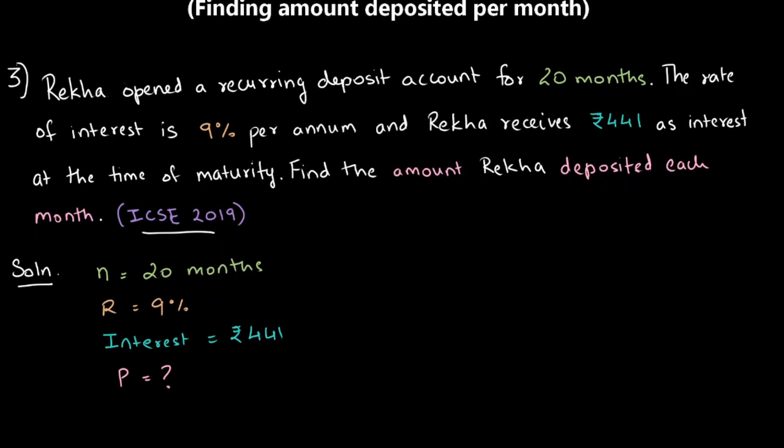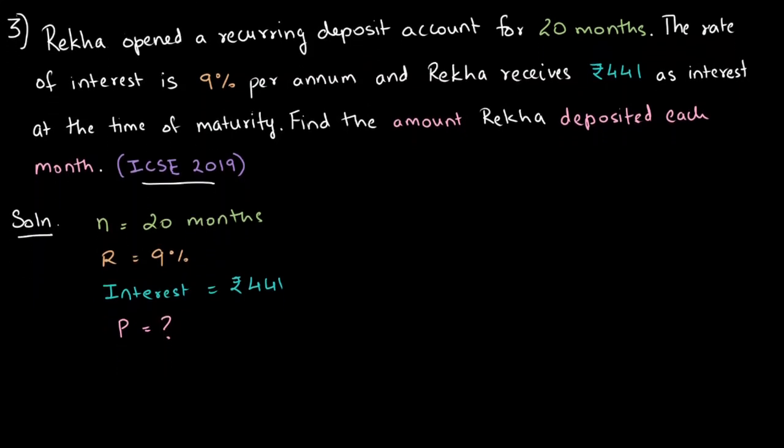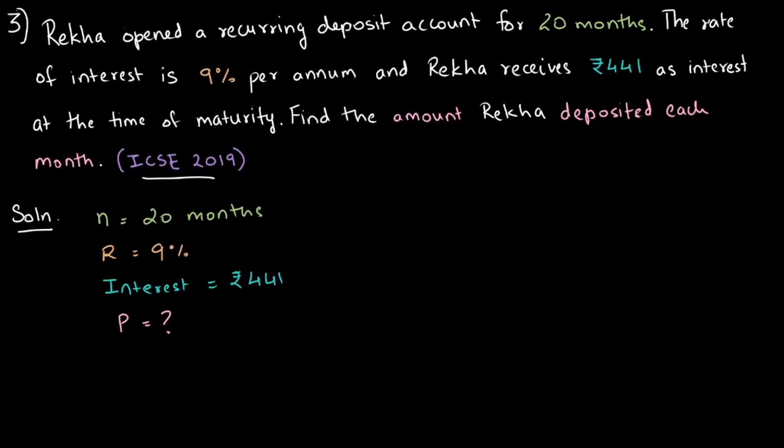Right. Now, as I said earlier, we've usually been given the maturity value, so we've been using that formula. However, here we've been given the value of interest, so we'll be using the formula for the interest earned to calculate the value of the monthly installments.